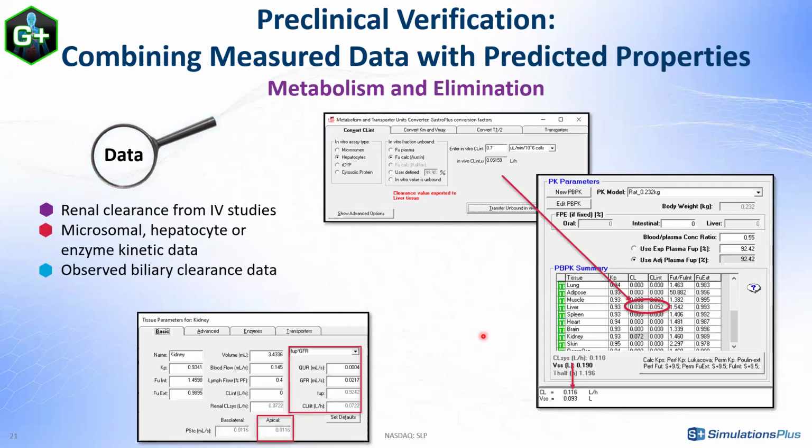It should be noted here that the value used on the slide is an assumed value and is for illustrative purposes only. Once you have all the component parts, the total clearance can be reality checked against the NCA clearance data.